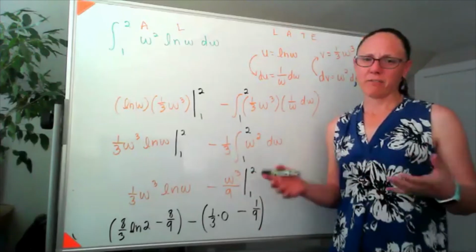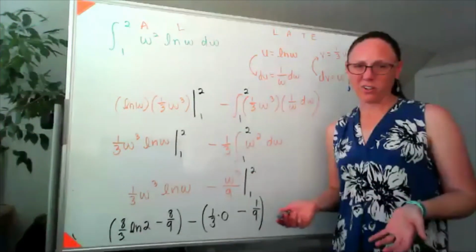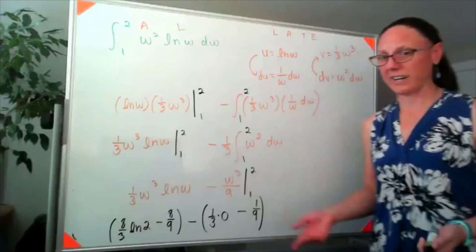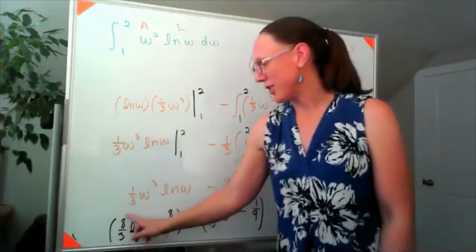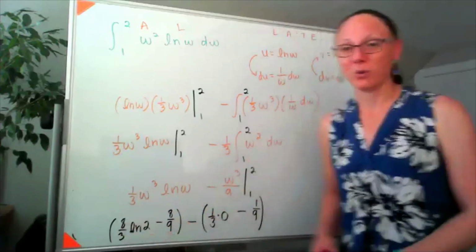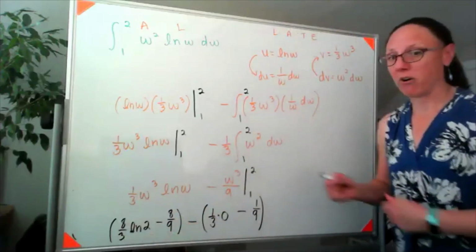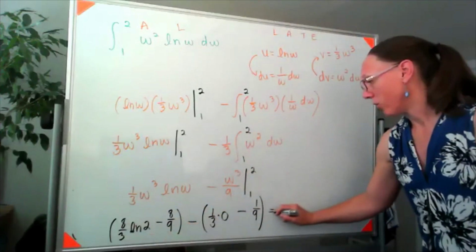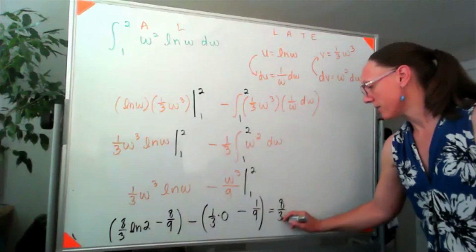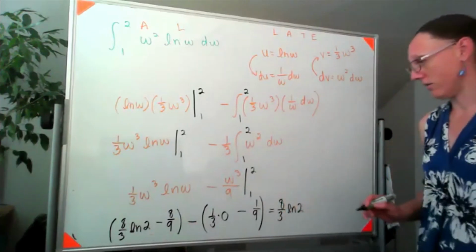And then there are a few different ways that we might go about cleaning that up. So for example, there's not much I'm going to do with the 8/3 ln of 2, short of putting that into a calculator or something. But I'll go ahead and leave that 8/3 natural log of 2 alone.